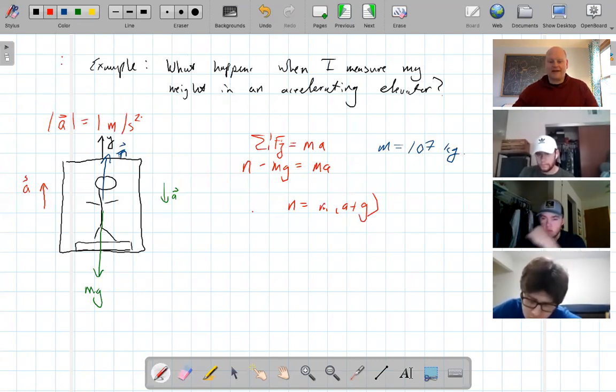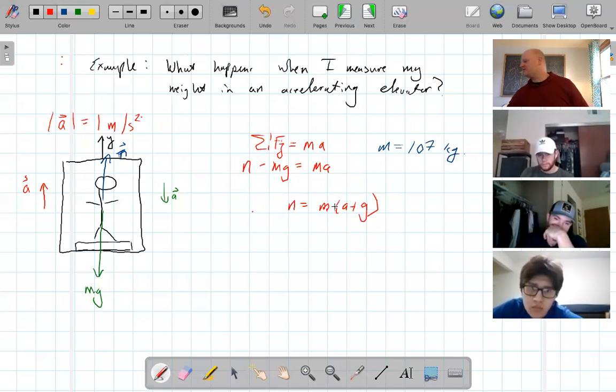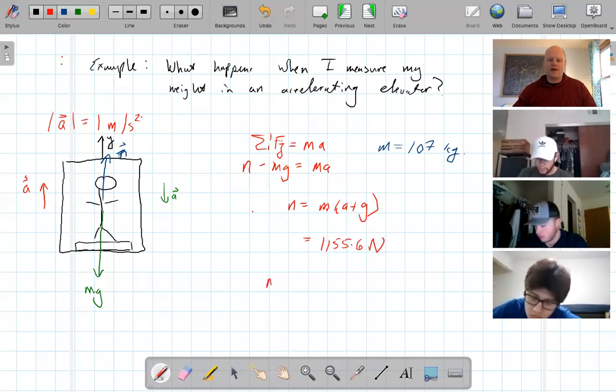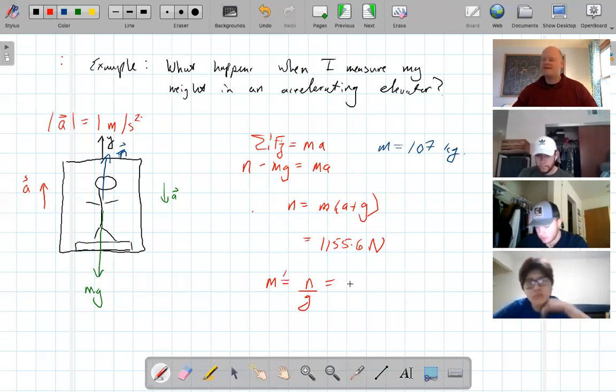If I plug that into this expression, what I would find is my normal force would be equal to 1,155.6 newtons, which would then correspond to a mass equal to my normal force divided by the acceleration due to gravity. Let's call this mass prime, or apparent mass, equal to 118 kilograms.